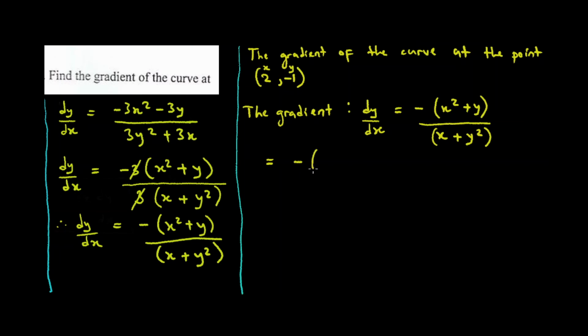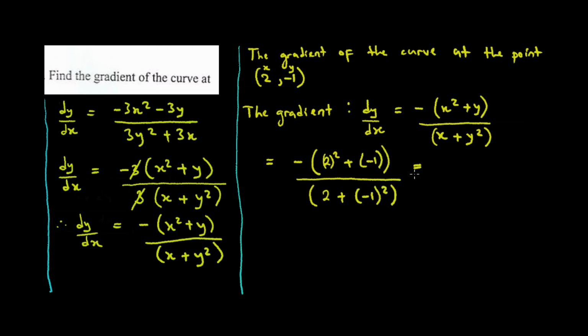So this is minus, x is 2, so it's 2 squared plus y, which is plus -1, over then where x is 2 plus y, -1 squared, like this.